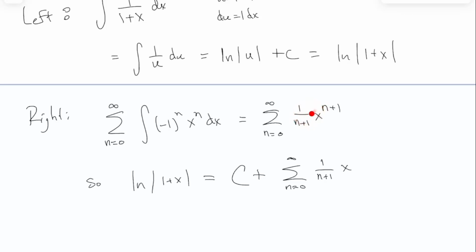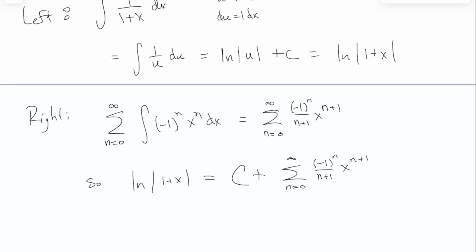That needs to be part of this. You integrate just the x to the n, but this is a constant, so it stays in here. I'm going to put it in the numerator there, like that. Minus 1 to the n. So this is an alternating series, x to the n plus 1, plus some constant.